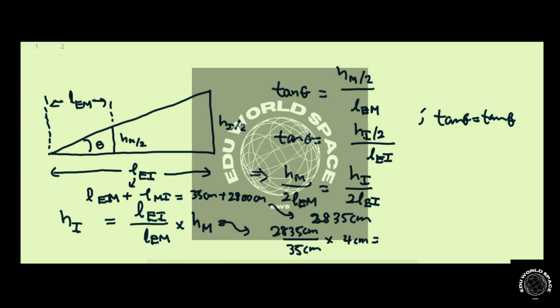Then we get, for a final answer, 324 centimeters, which is equal to 3.24 meters. And you could have obtained the same result without using the tangent by just using the properties of similar triangles, but this is sort of a derivation of those properties.